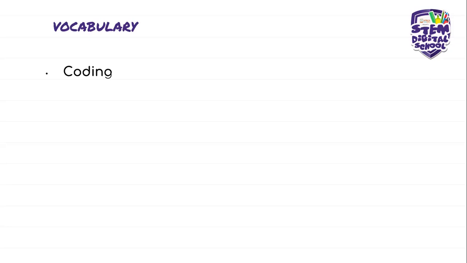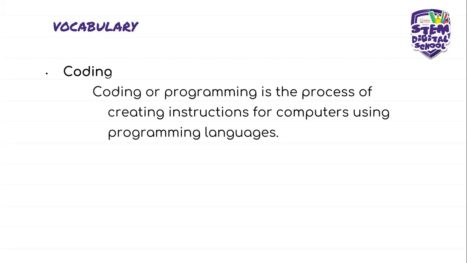Naledi said it is a language. It is a computer language. It's how we talk. That's the word I was looking for, language. And then Neo said coding is a program that involves algorithms for a computer. Wow, beautiful, guys. I see you guys pay attention.